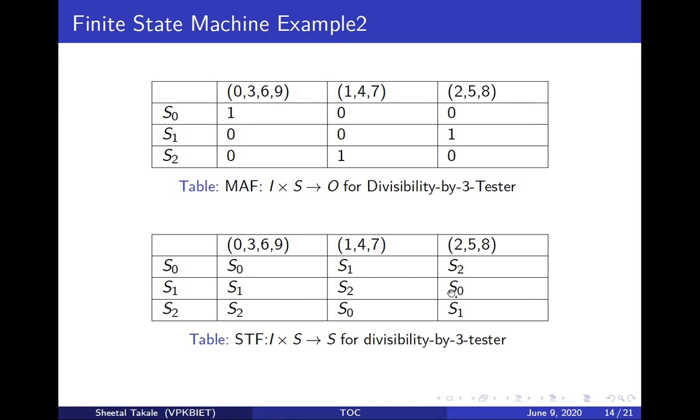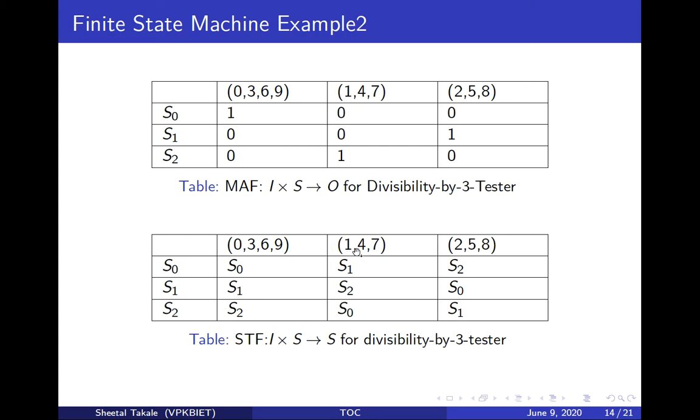Now if you consider the states which are reached here, the remainder is 0 and these numbers are divisible by 3, so there is no remainder. The previous remainder is 0 and for these the remainder is 1, hence the state will be S1. Similarly here the state will be S2. If you consider this, these are divisible but the previous remainder was 1, hence the state will be S1.